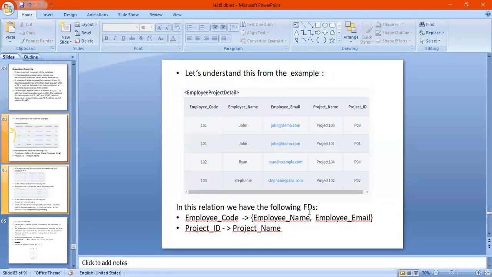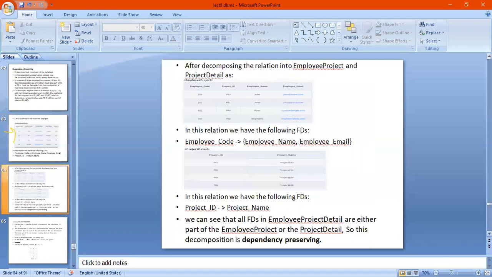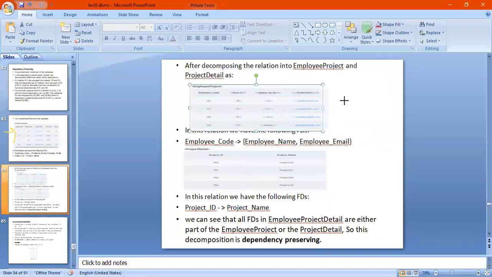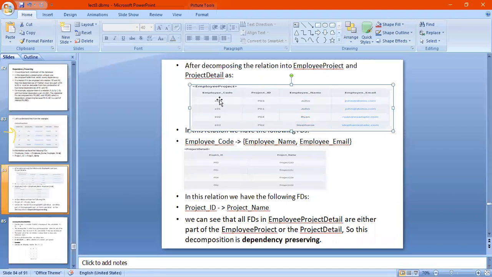In this relation, we have the following functional dependencies. Employee code is dependent on employee name and employee email. Project ID is dependent on project name. After decomposing the relation into employee project and project details, the employee project has employee code, employee name, and employee email.